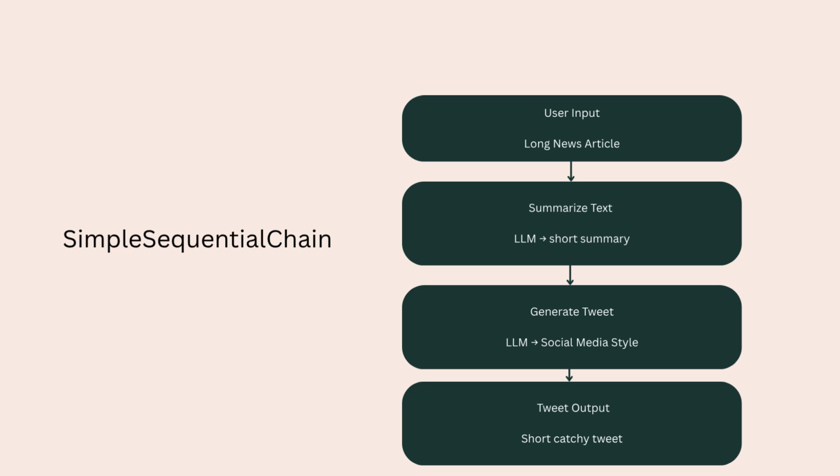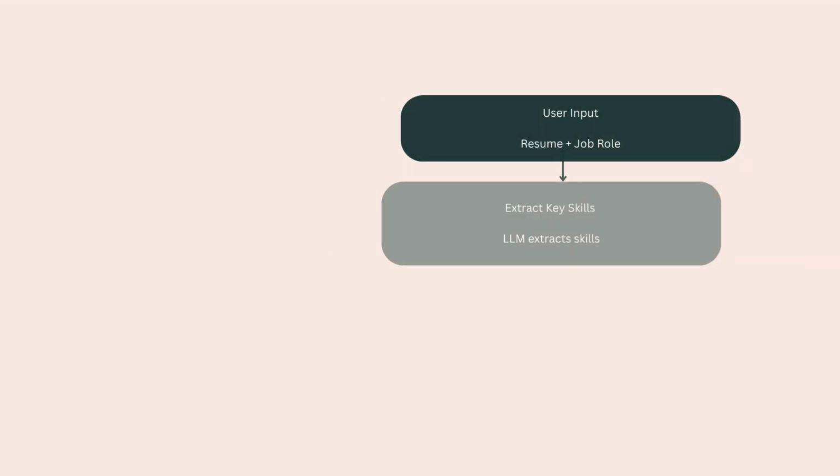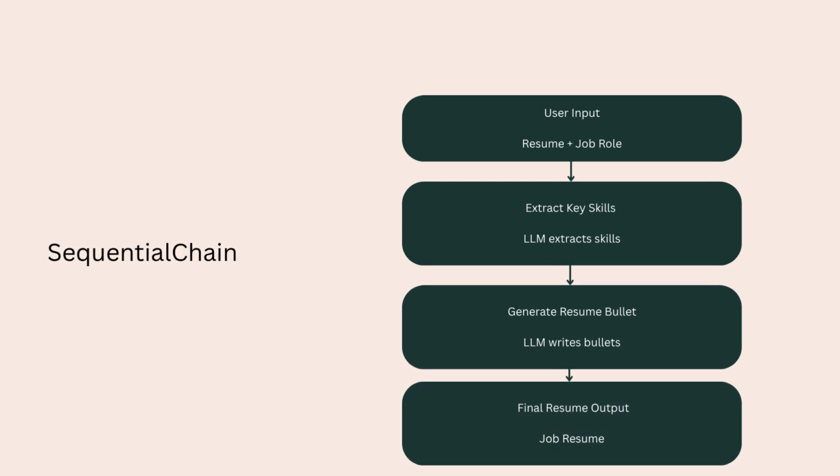First we pass the article to the LLM. The LLM summarizes that text, and then this short summary is sent to the generate tweet LLM. So the LLM processes that short summary and creates one short tweet, and this tweet we get as the output.